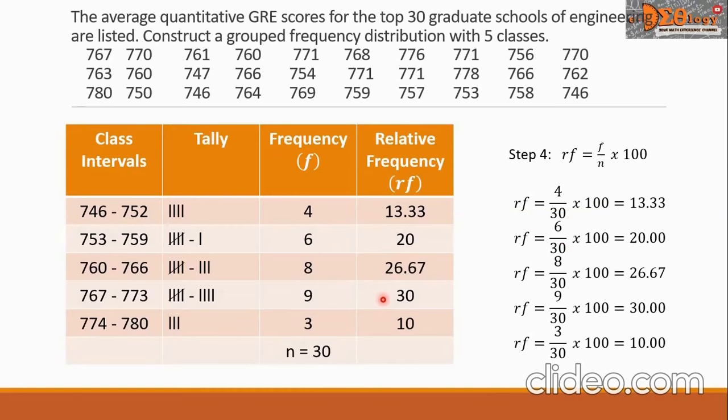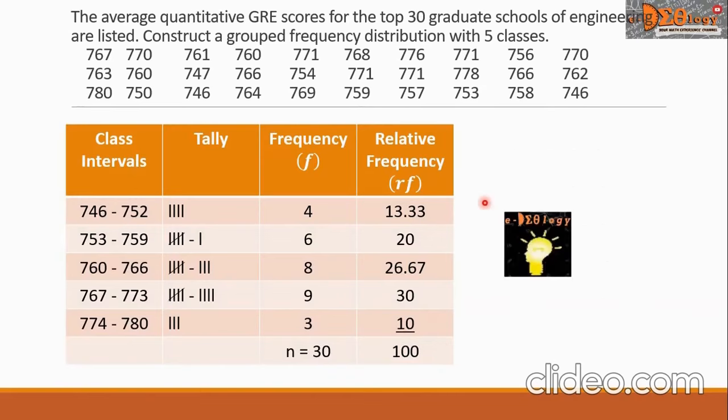This number 30 comes when we have 9 divided by 30 times 100. This number 10 comes when we have 3 over 30 times 100. So we are now complete with the values for the relative frequency, and at the bottom we're going to take the summation, and the value must be equal to 100. This is our final answer.